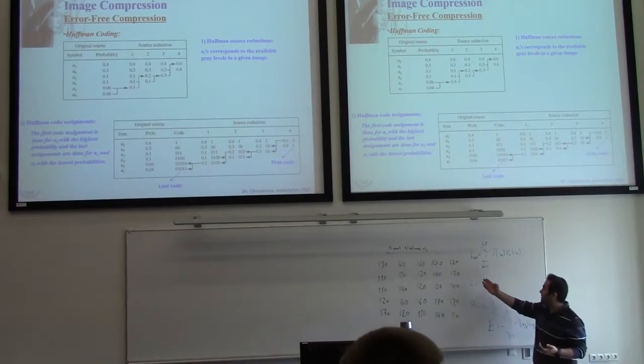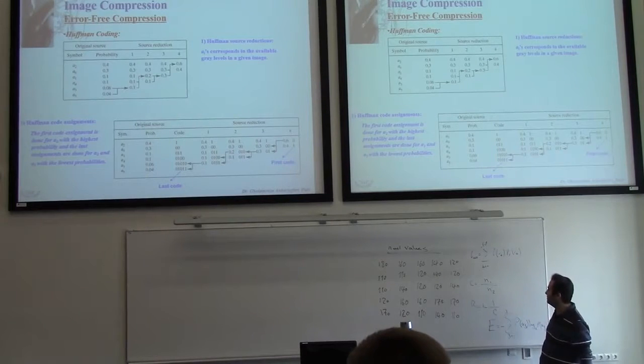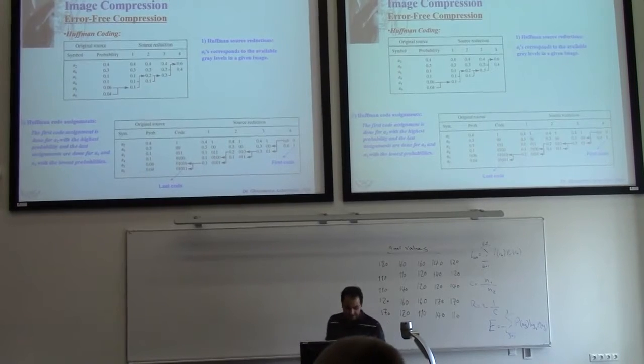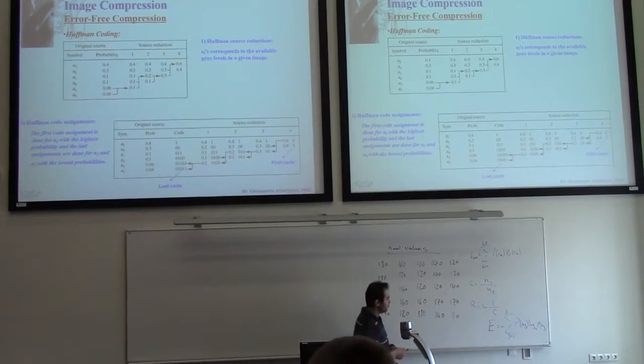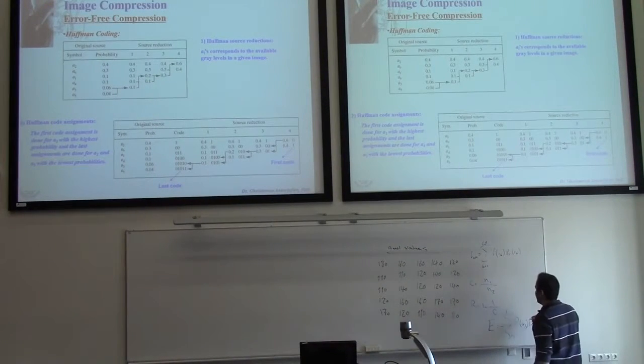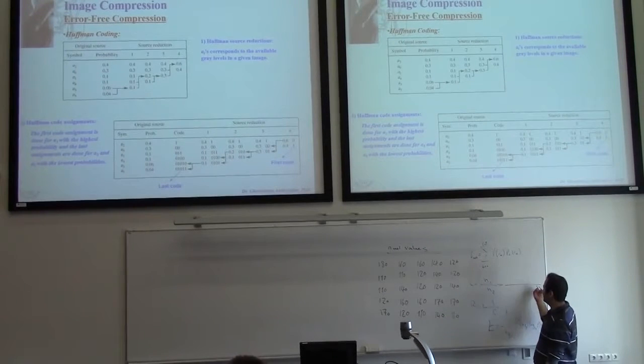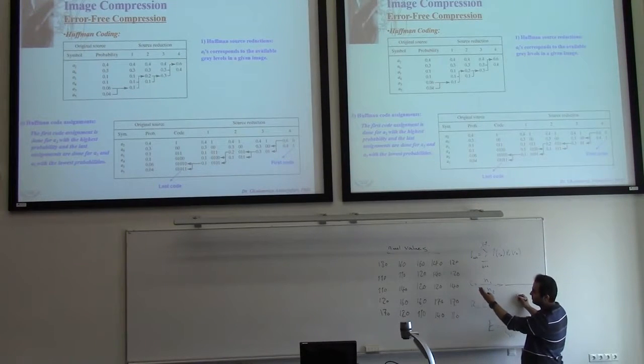And when we find this, we can easily find the compression ratio and the redundancy. And you know that for the compression ratio, by default, if we have an 8-bit image, we have to multiply the size of the image.